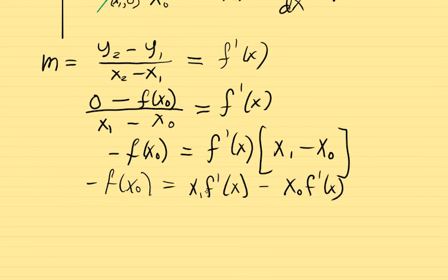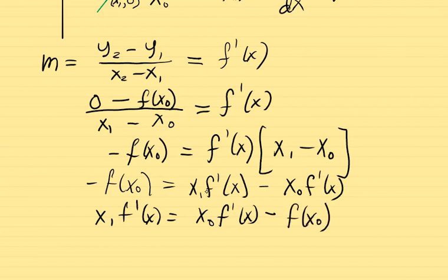Then retaining x1 f prime x, and putting negative x0 f prime x on the other side, that will become positive x0 f prime x. And I will retain this one, minus f of x0.